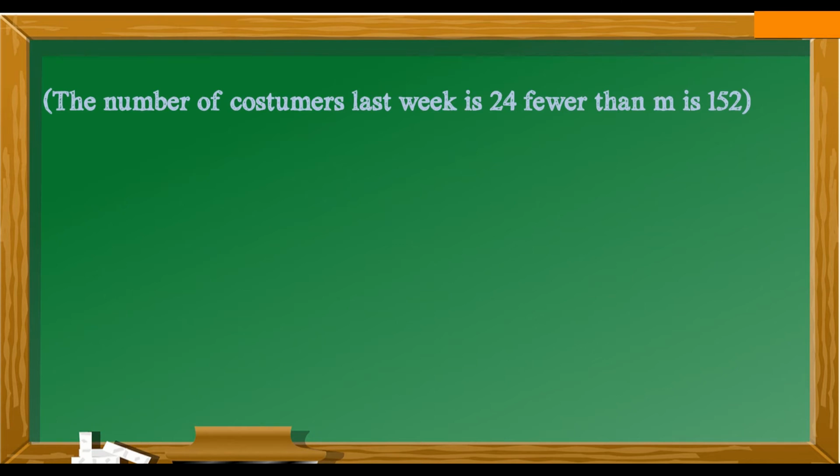First, let us identify the numbers, the variables, and the keywords used in this sentence. So we have 24 and we have fewer than. Fewer than means to subtract, so we will use subtraction sign. Then we have the variable M.